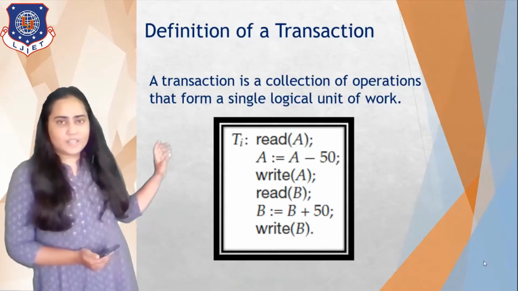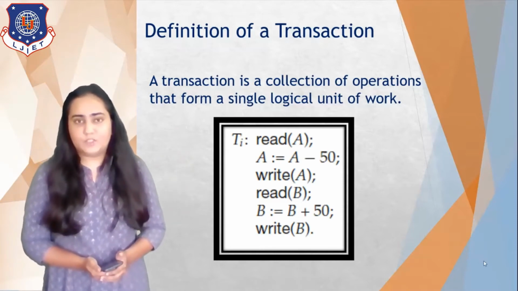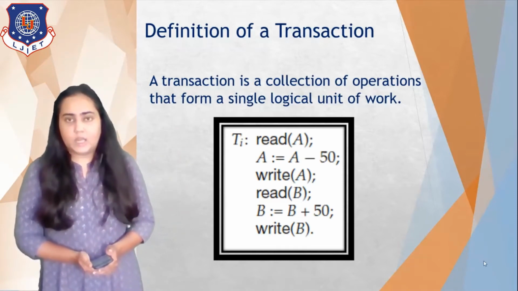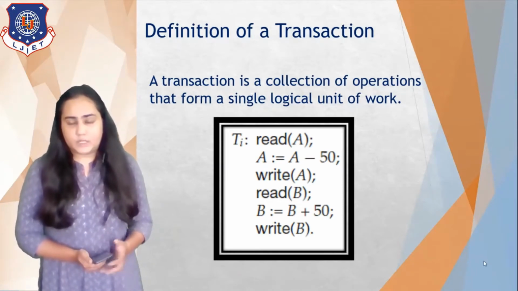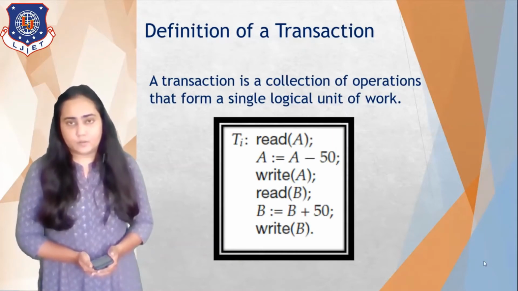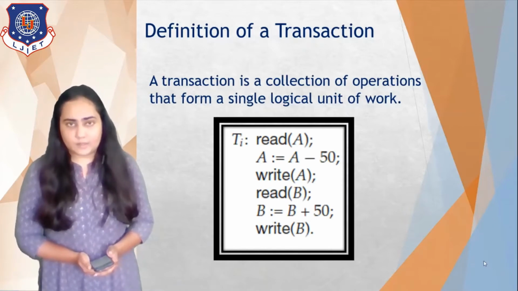Whenever I say A equals A minus 50, that means you are actually writing an update statement where you're saying update this table containing all these details of different accounts and deduct 50 from the balance.